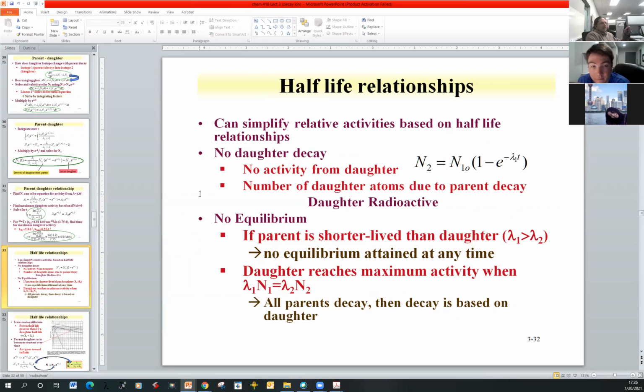Think about it as an extreme: what if the parent has a half-life of a second and the daughter has a half-life of 100 years? In 10 seconds, all the parent is gone, and now the daughter is just decaying away with a half-life of 100 years. So it's not at equilibrium. And when I say equilibrium, it's not the number of atoms, it's the decay rates.